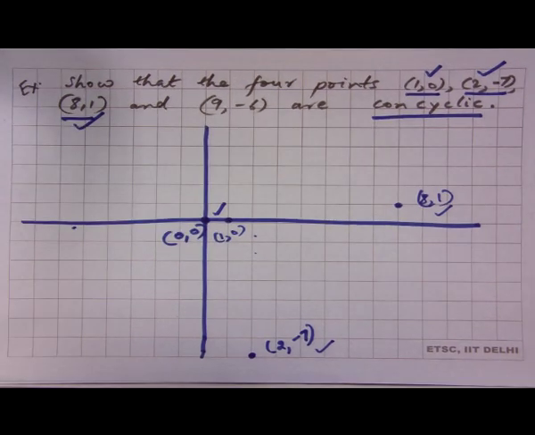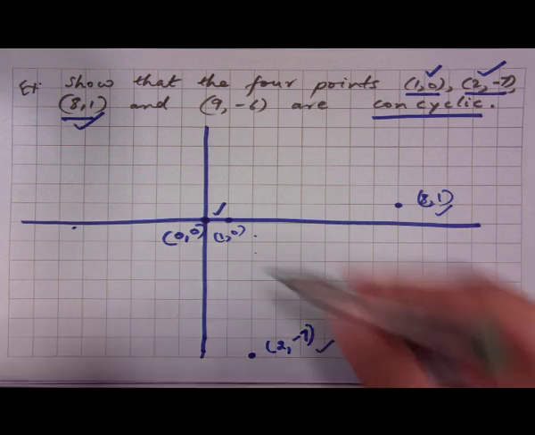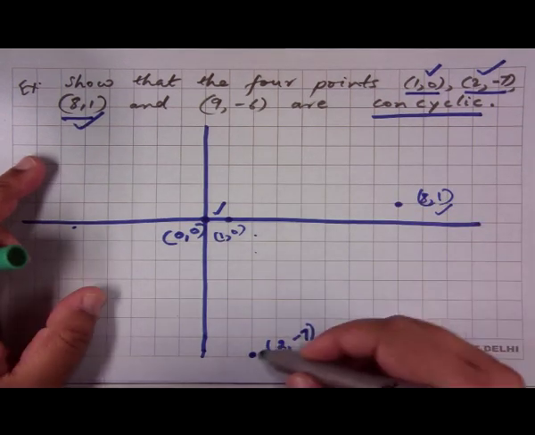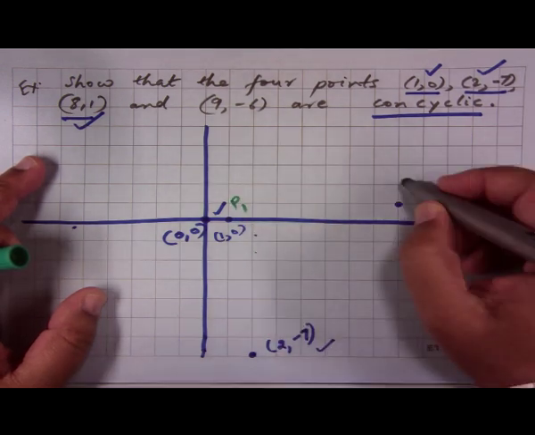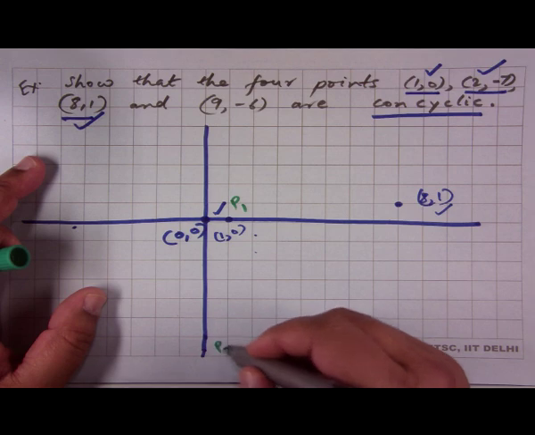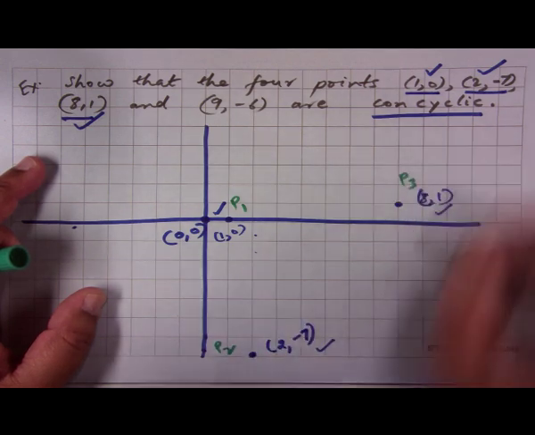So, as discussed, if a circle has to pass through these 3 points, let us name them P1, P2, P3.